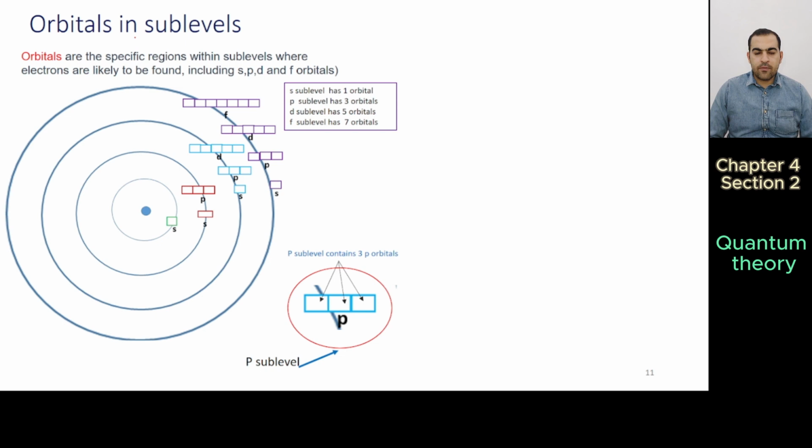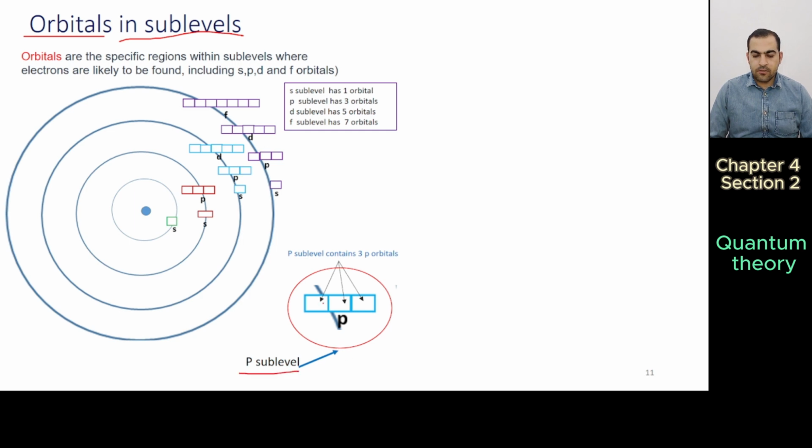In sublevels, we have orbitals. So, for example, the S sublevel contains only 1 orbital. P contains 3 orbitals. How can we tell the difference between sublevels and orbitals? A group of orbitals together is called a sublevel. Here, this is the P sublevel. These 3 orbitals together are called the P sublevel.